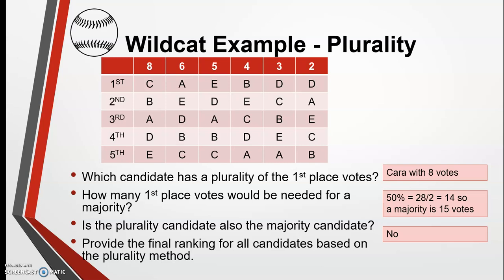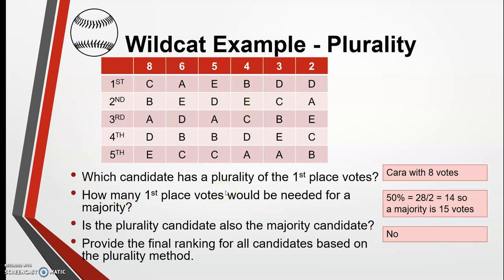If you were doing this in a real life scenario, you would want to make sure that you had some type of tiebreaker clearly defined before the election started, just in case you run into a scenario such as this.